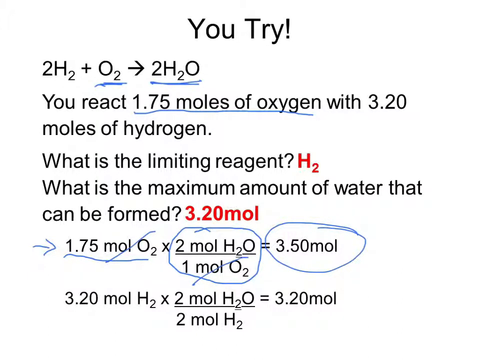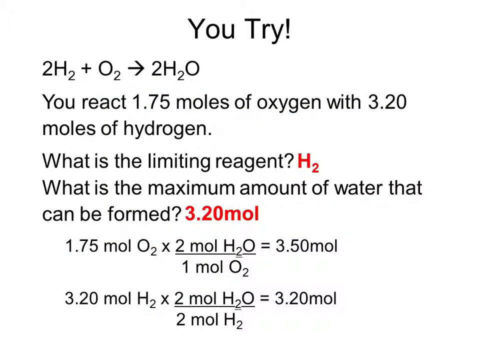Now let's look at the next one, where I'm giving you 3.2 moles of hydrogen, right? And again, the assumption is that you have enough oxygen to react with all the moles of hydrogen. So we set up this equation down here. I'm given 3.2 moles of hydrogen.